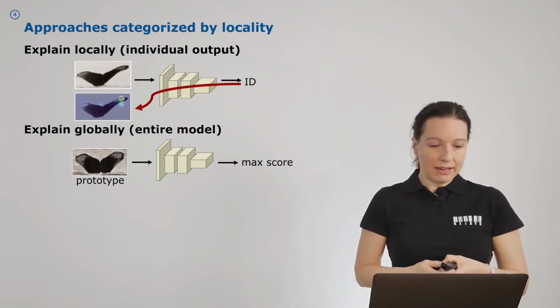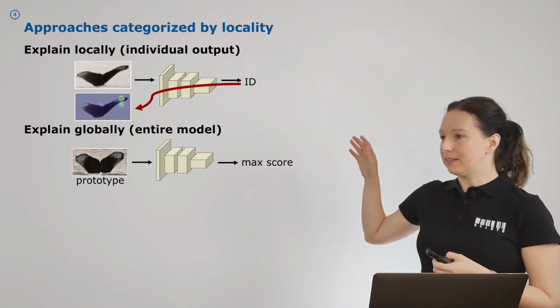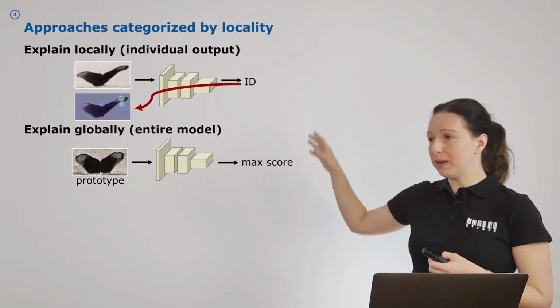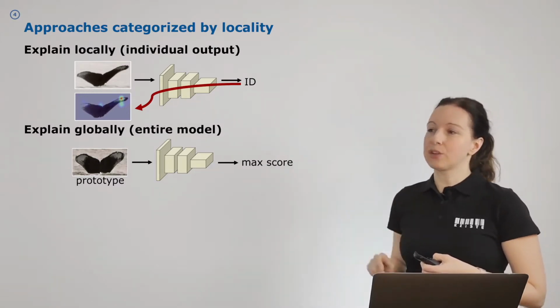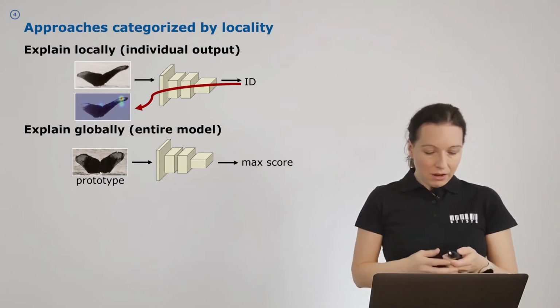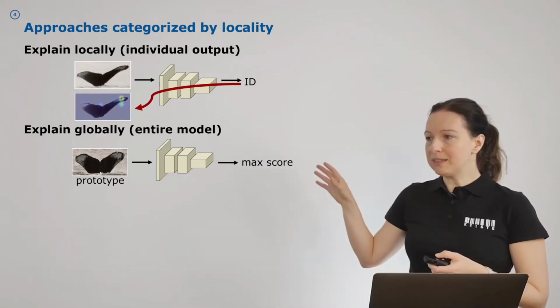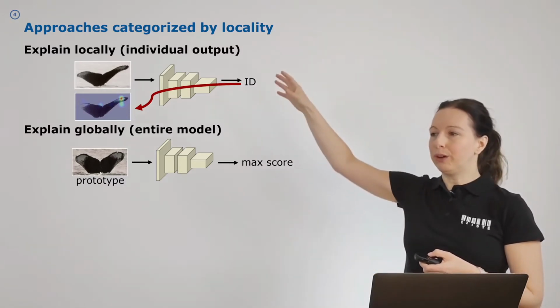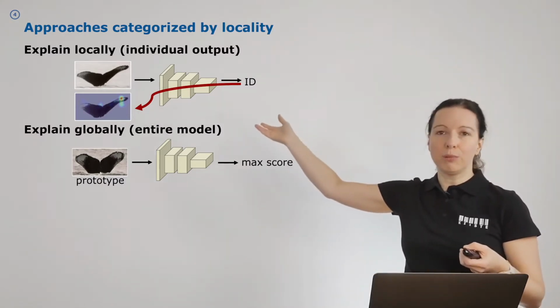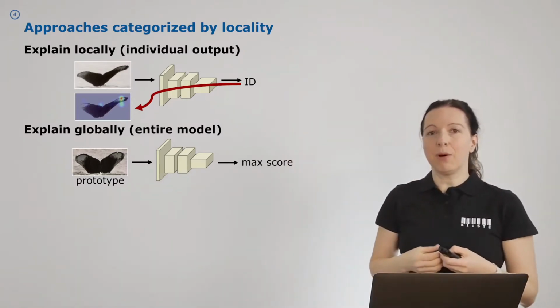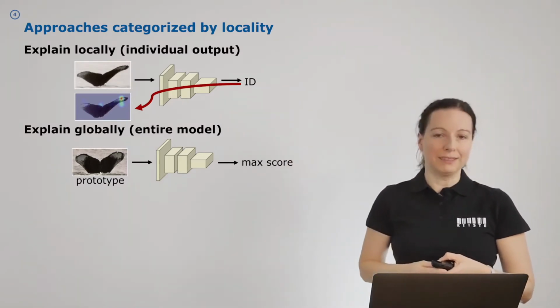Yeah, and today we will have a look at this one. So we will have a look at global model-agnostic methods, and in the next lecture we will have a look at local model-agnostic methods. Of course, some of the methods I present today include that you have a look at local model-agnostic methods, and then you summarize the results from all of them to get some global insights.